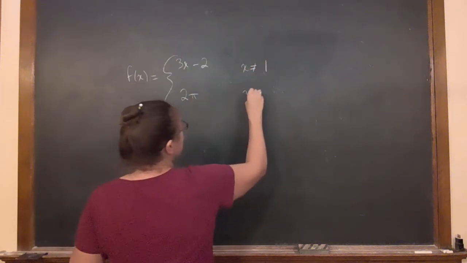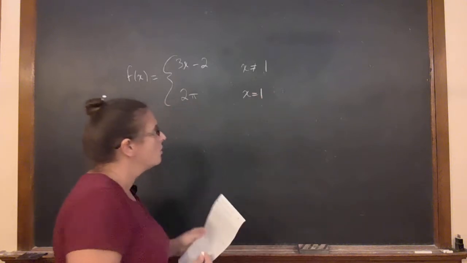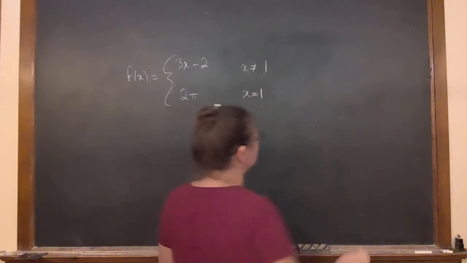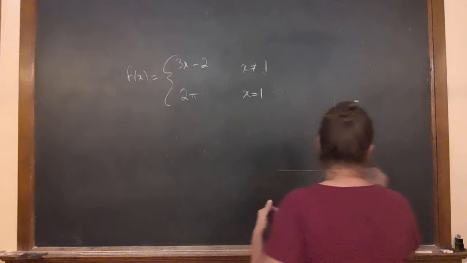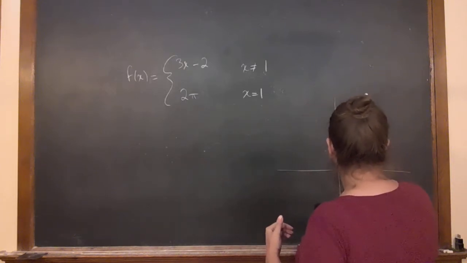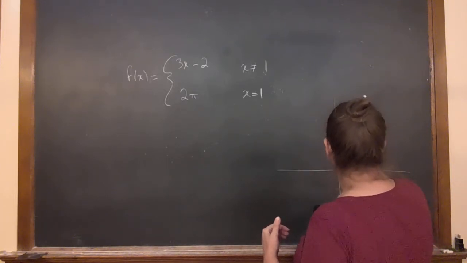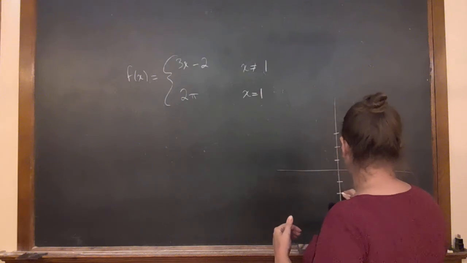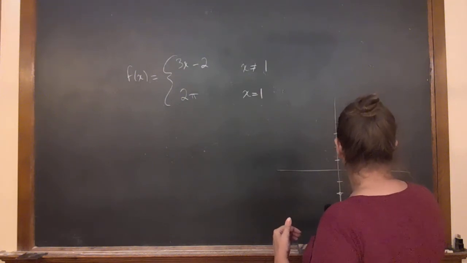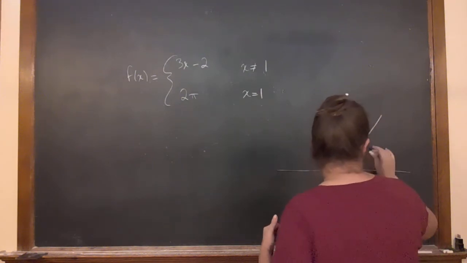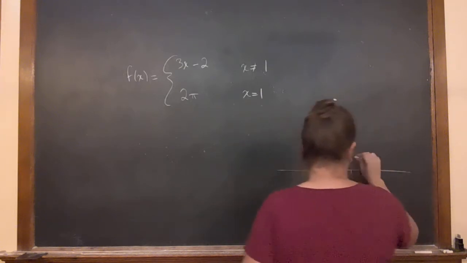Okay, so this is another example where basically the same thing is happening. Visually, 1, 2, 3, 1, 2. That's not the right slope.